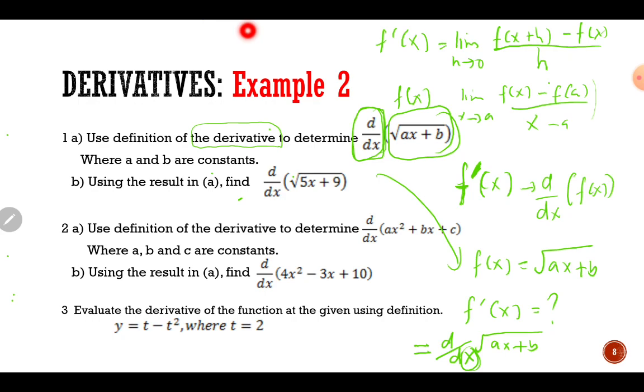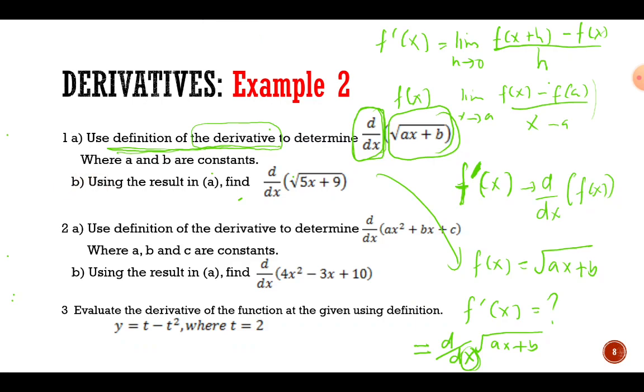Soalan ni dia memang nyatakan dengan jelas sekali use definition of derivative. By right, sebenarnya untuk differentiate ni kita ada formula dia, kita tak perlu define pun. Tapi untuk this example, dia nak you guna cara by using the definition of the derivative.